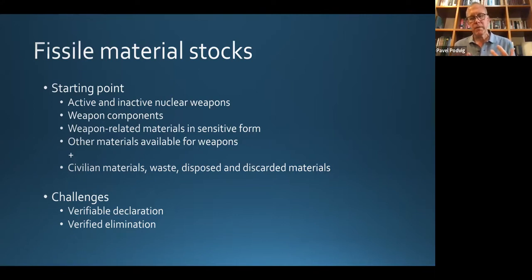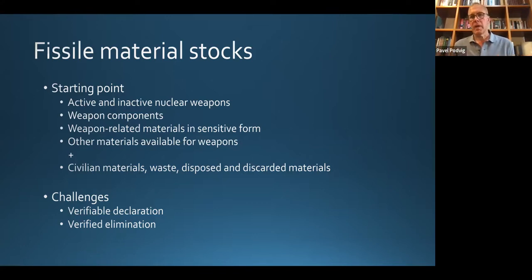One objection, definitely made by the United States, is that we cannot do anything about existing stocks because we cannot declare our existing stocks in a verifiable way.